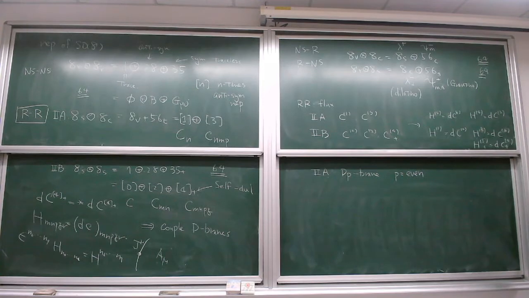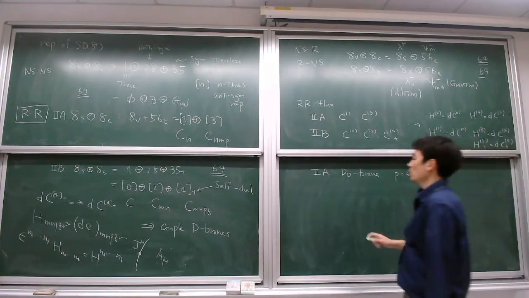And if you take the magnetic dual, it becomes the D4 brane, coupled to the magnetic dual of this flux, and also the magnetic dual of the D0 is the D6 brane. It will couple to the magnetic dual of this one, that way.